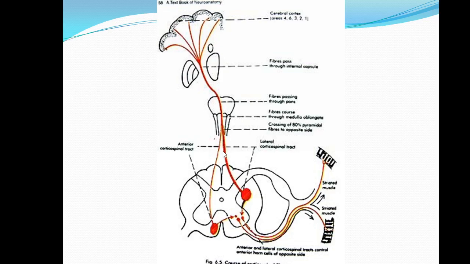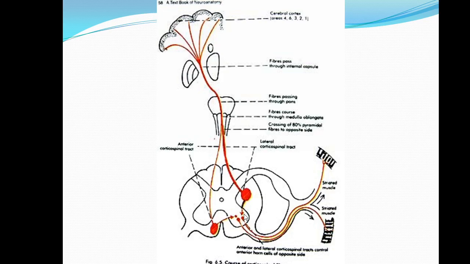About 80% of fibers cross. The remaining 20% pass ipsilaterally as the anterior corticospinal tract, and as the fibers descend, they cross to the contralateral side. Both these fibers are relayed in the anterior horn.